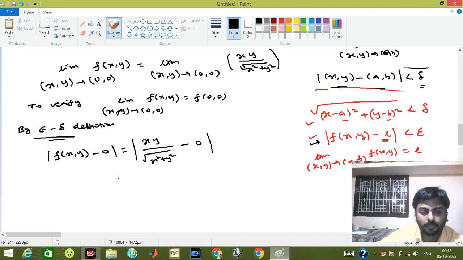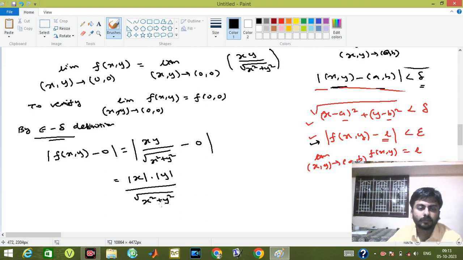So this will become the modulus of x into the modulus of y divided by the root of x square plus y square. So this is there. What is this value? f(x, y) minus 0 is less than epsilon. If so, this will also be less than epsilon.